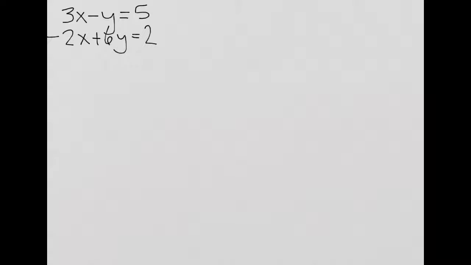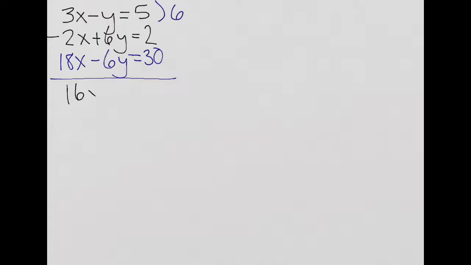Okay, so let's multiply the top one by 6. That will give us 18x minus 6y equals 30. And when we add those two together, we will get 16x, y's cancel, equals 32. Okay, when we divide by 16 to solve for x, we get x is equal to 2.